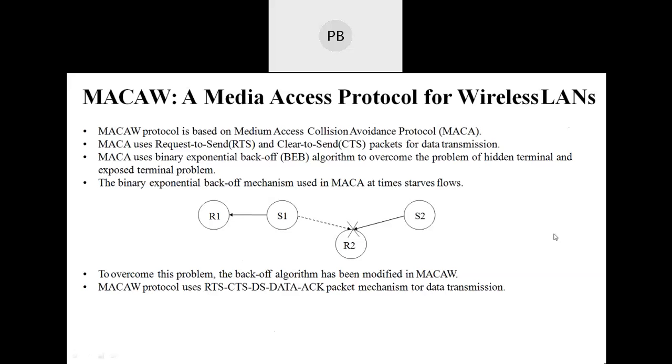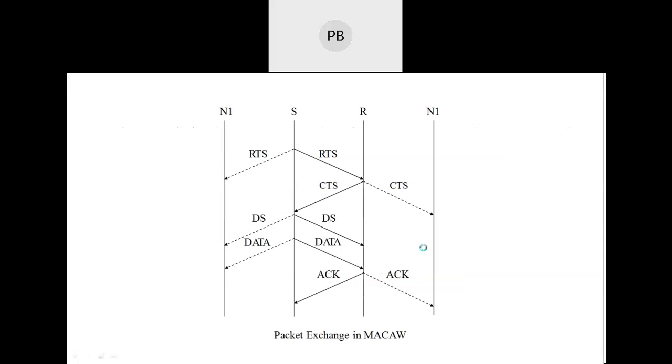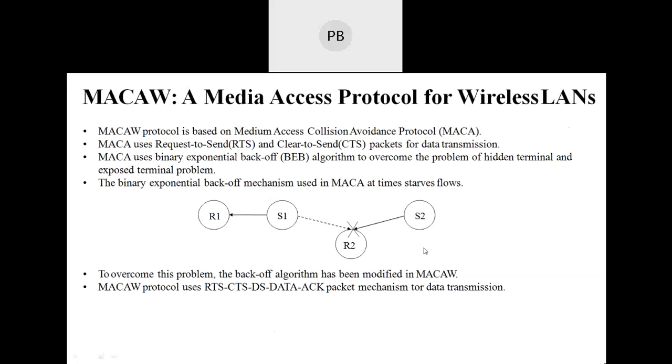First of all, it is basically MACA, but we are using it in a wireless LAN. That's why it is MACAW. It is basically MACA, which falls under sender initiated protocol.